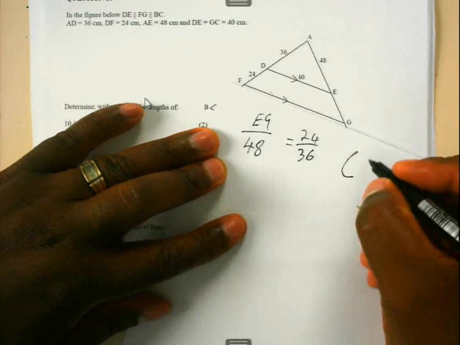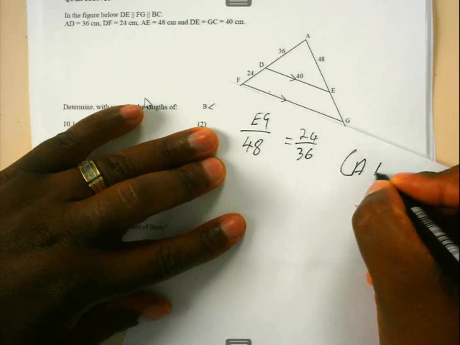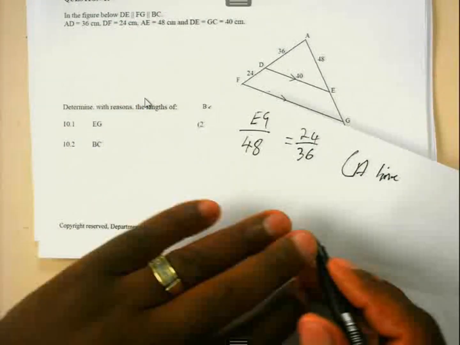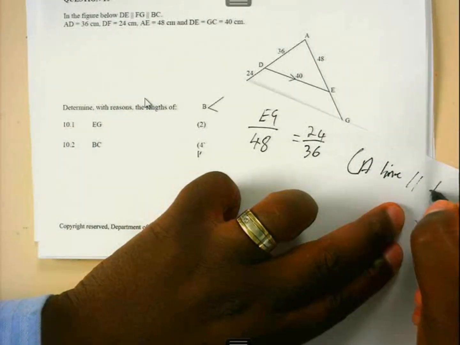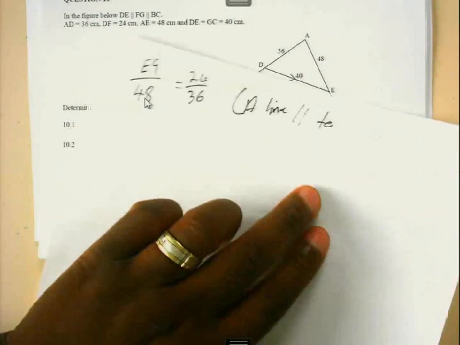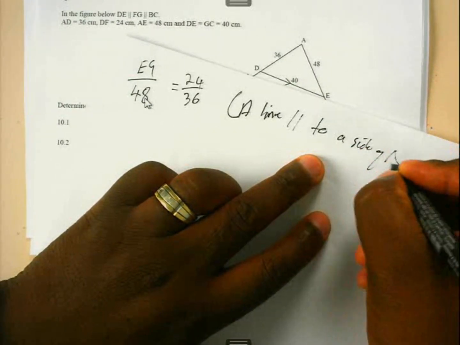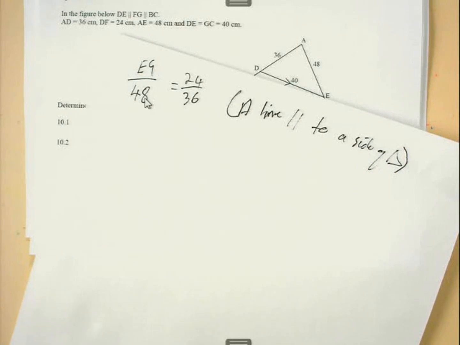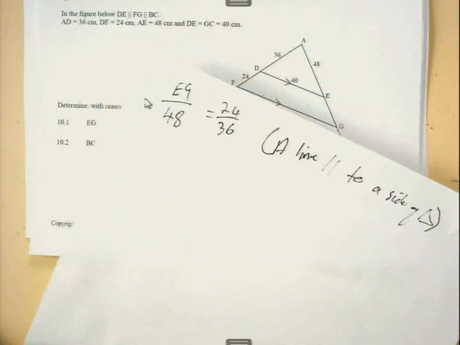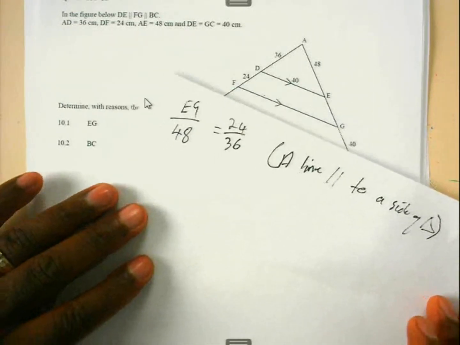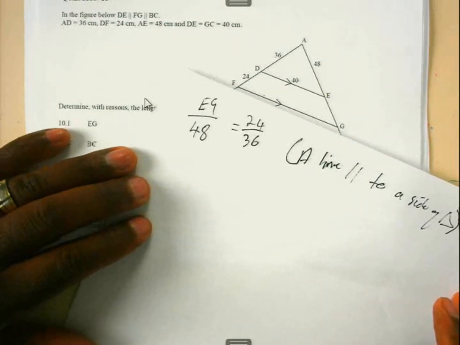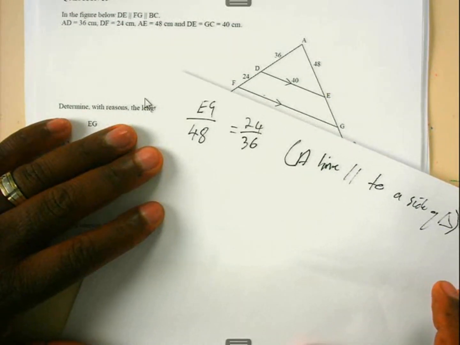The reason here is a line parallel to a side of a triangle divides the other two sides in the same proportion. Then we do our algebraic manipulation to determine the length of EG.